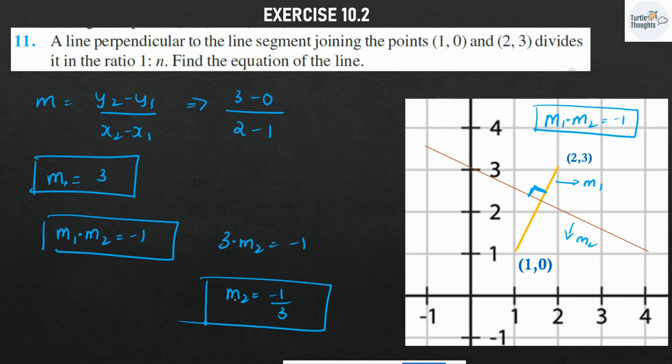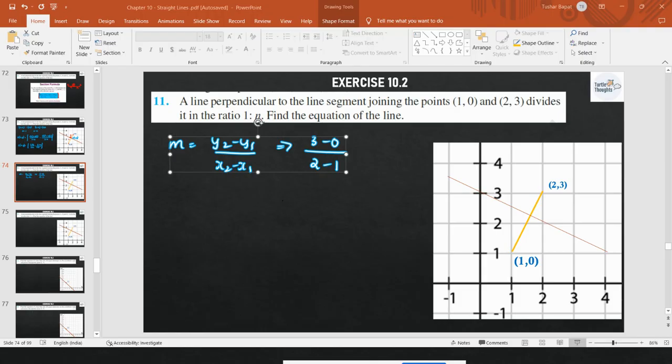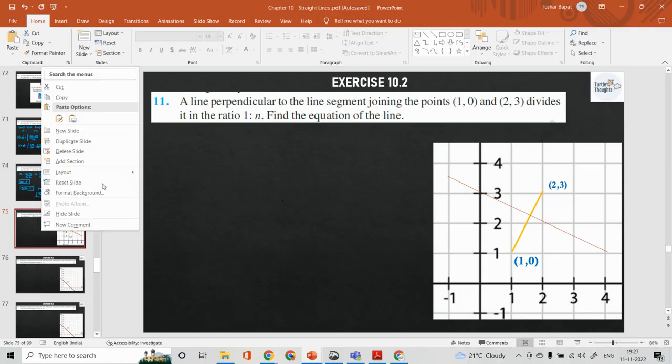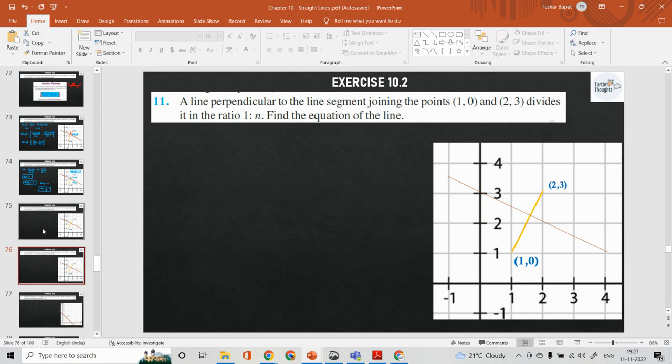So I will be getting m2 as minus 1 over 3. So let me extend this because I will be needing it.